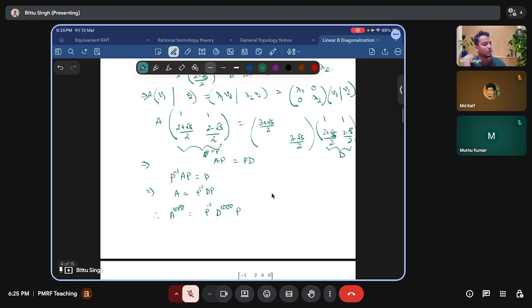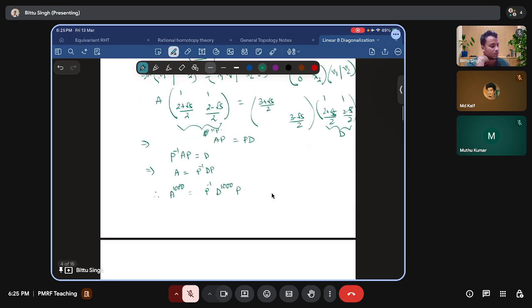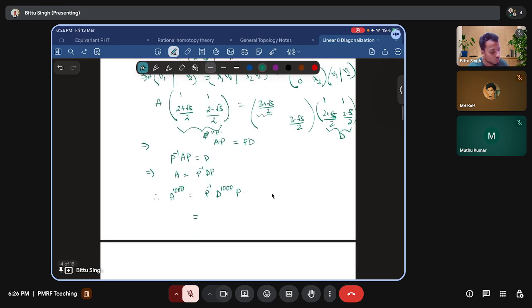So now the calculation is easier, though it is not very straightforward, because here we have irrational entries, so again we need to calculate, but we don't need lots of multiplication, right? So what will be P inverse? P is this matrix, so we can easily compute P inverse for a 2 by 2 matrix.